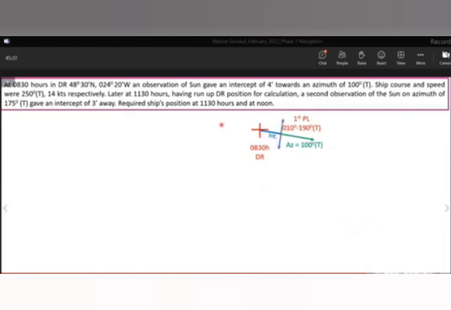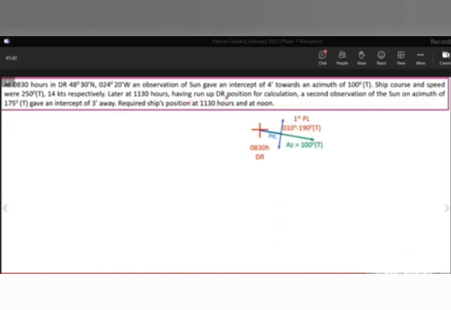So in this question, what makes better sense is that we transfer the 8:30 DR, and with respect to the transferred DR, that 11:30 DR, we plot the first PL transferred and also the second PL. So please pay attention to the question.